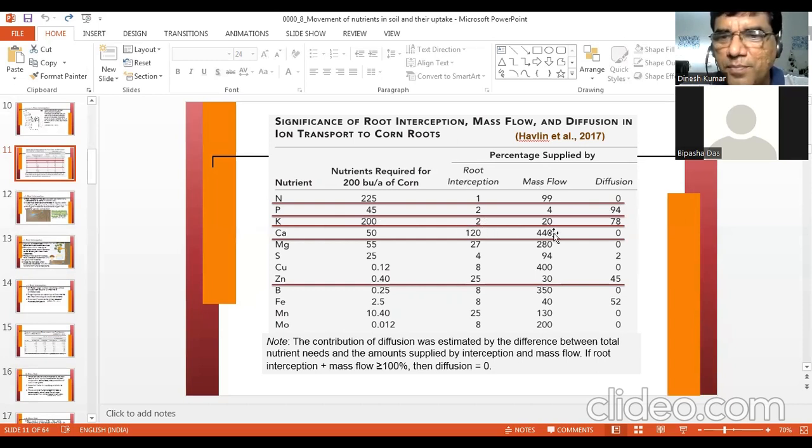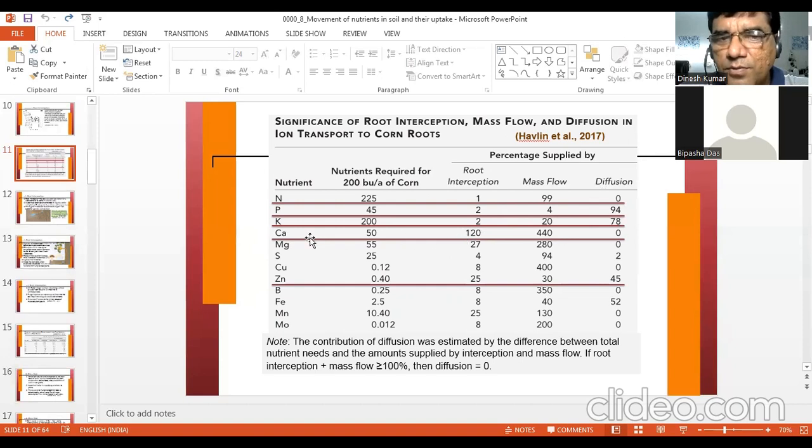Coming to potassium, again like phosphorus, 78% of potassium is transported by diffusion and only 20% by mass flow and 2% by root interception. See the case of calcium. So you see, it is just percentage supplied by. So here, if you make the total, it is 100. Here it is 100 up to NPK.